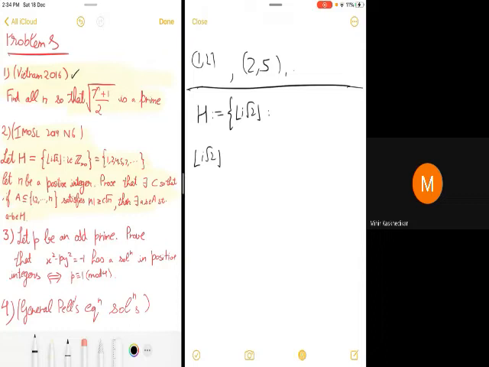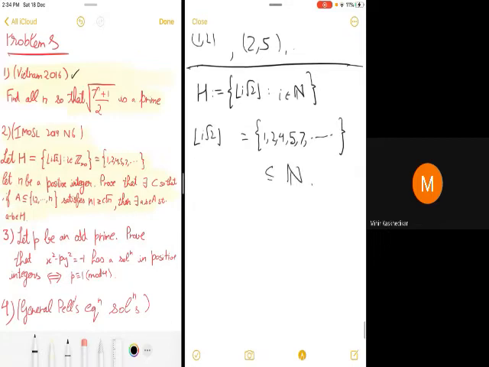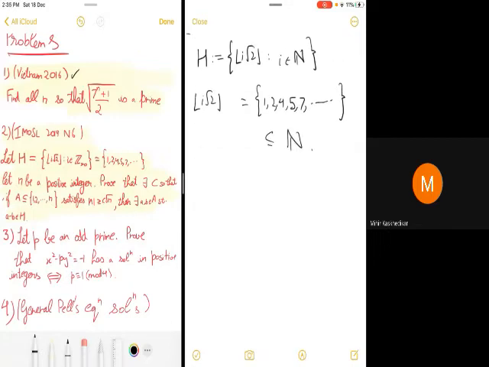Yes. i belongs to naturals, and this is a set of this type. I'm just writing the first few elements for convenience's sake. This is a subset of naturals, and n is a given positive integer.